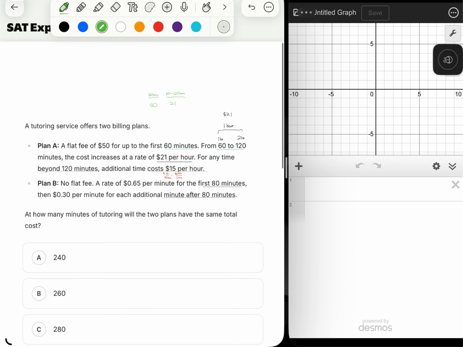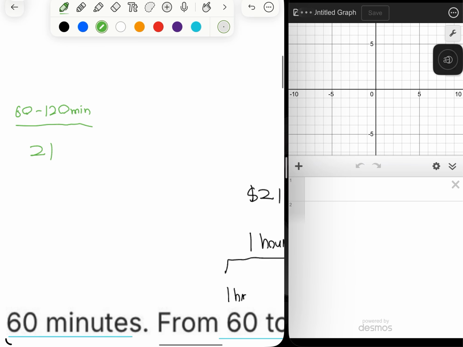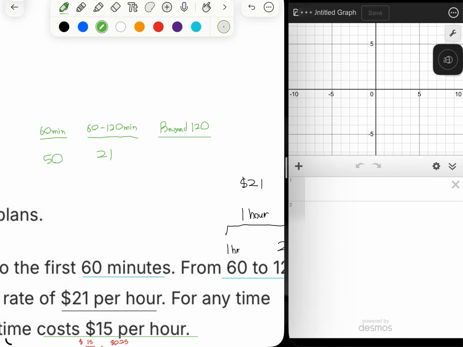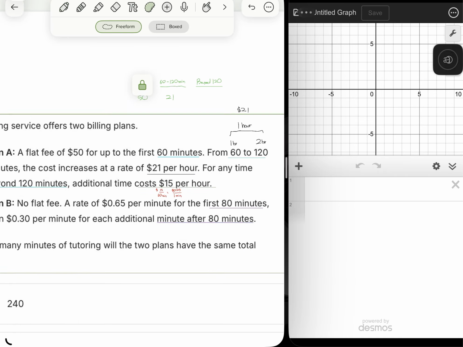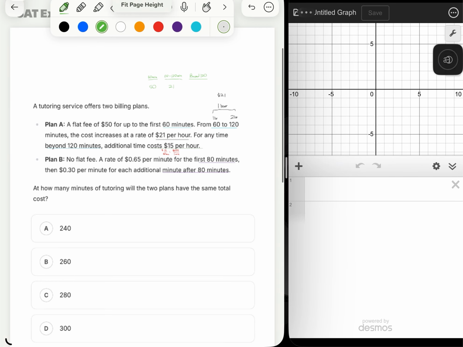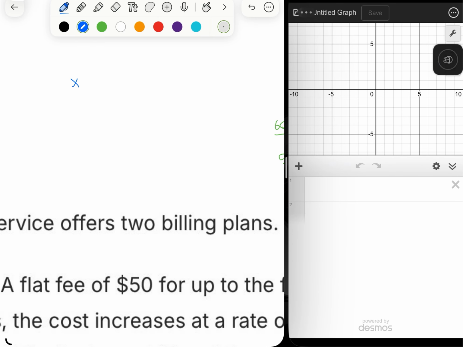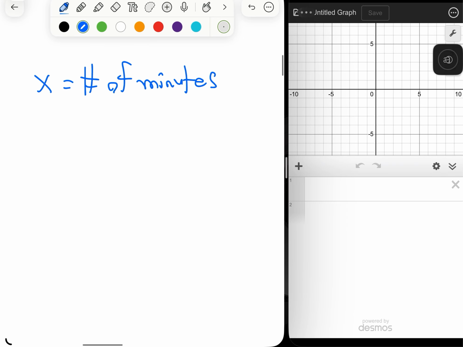Now what about beyond 120? Let's write that beyond 120. This is where you have to establish a condition. Let's say that x is the number of minutes. What would the inequality represent?